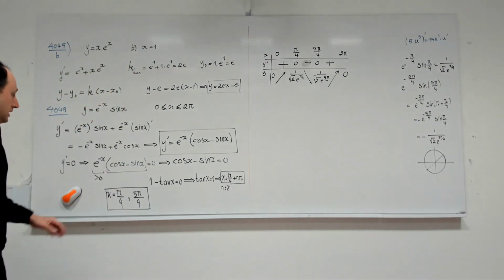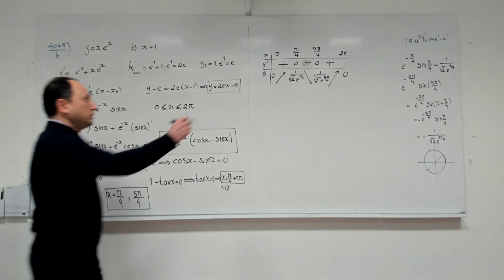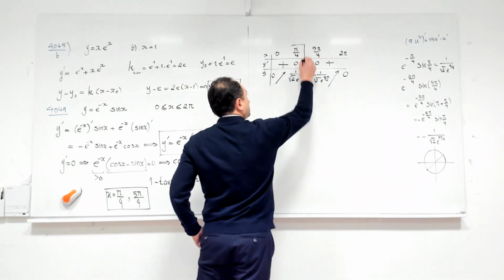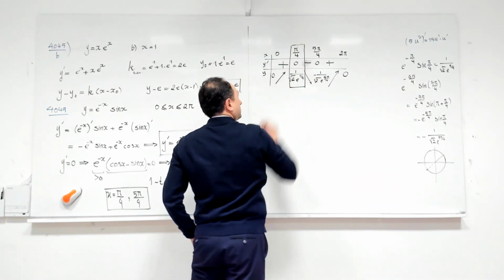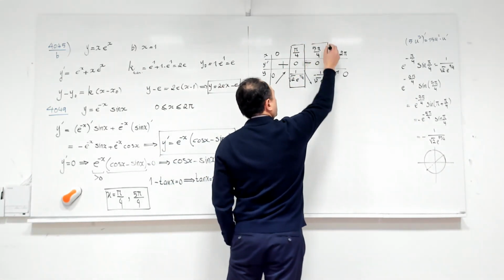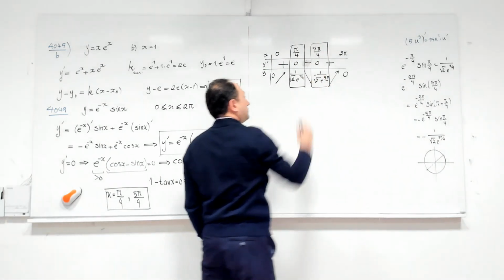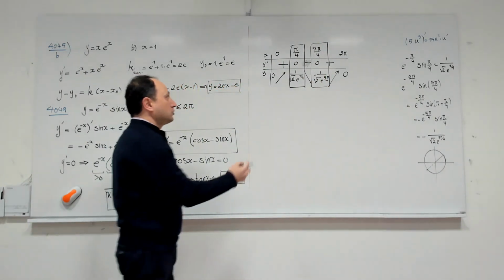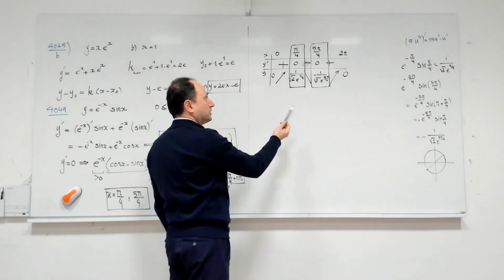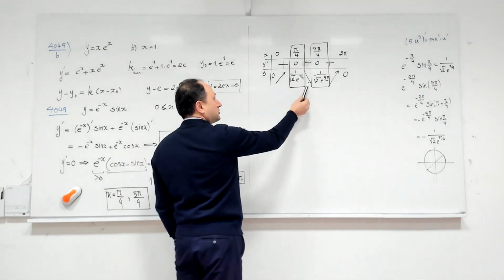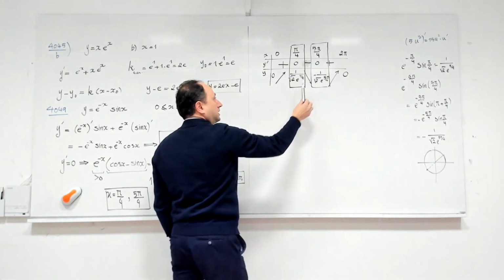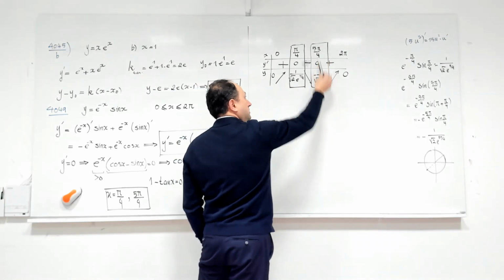But anyway, this point you see here and this point were the candidates of max and min points. And now you realize they are real, they are not fake ones, yes? It goes up and down, so this point is a max point. It goes down and then up, it's a min point, yes?